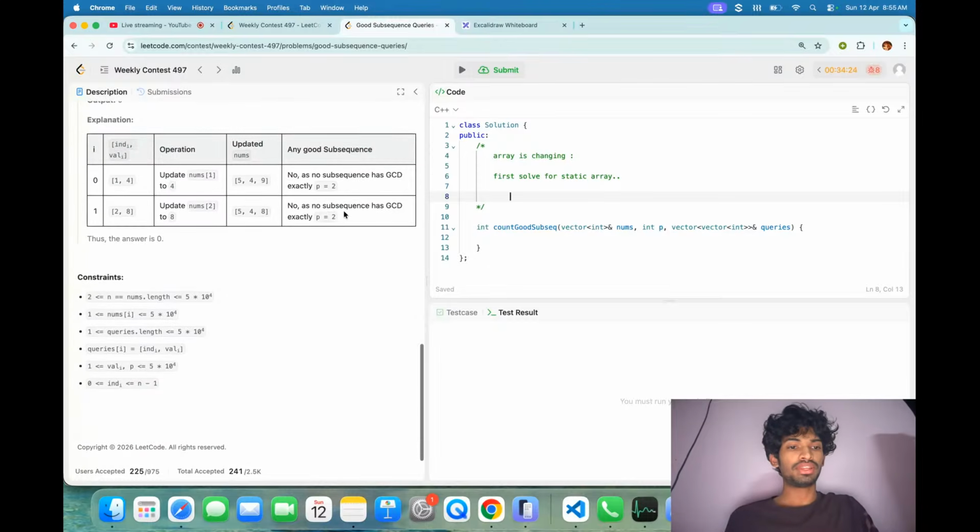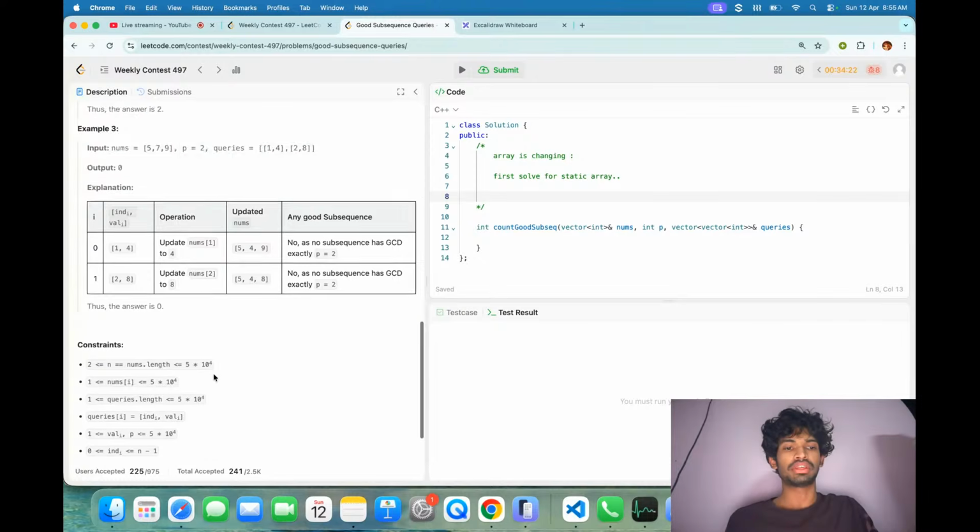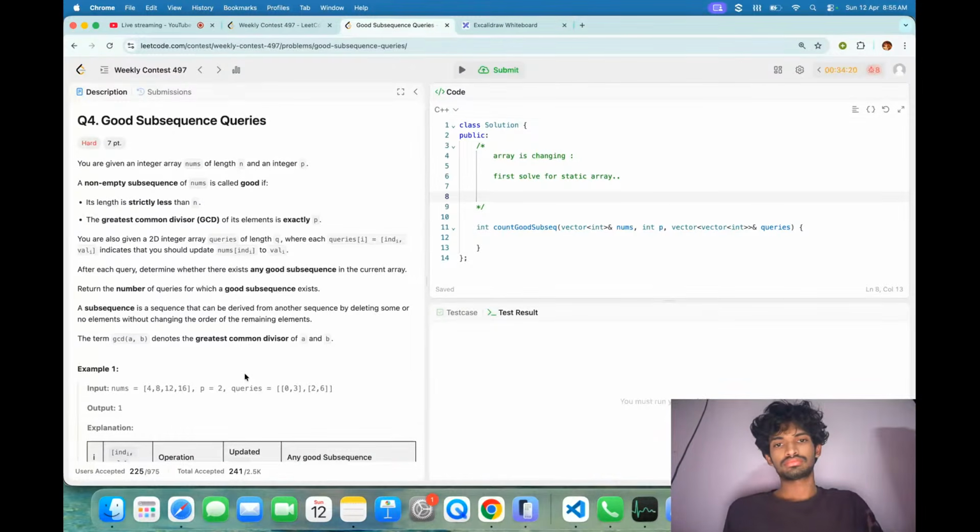And what's the value of P? Not that big. You want the GCD, and you want to determine if it exists or not, okay? So GCD of total minus 1, GCD of something equals P.